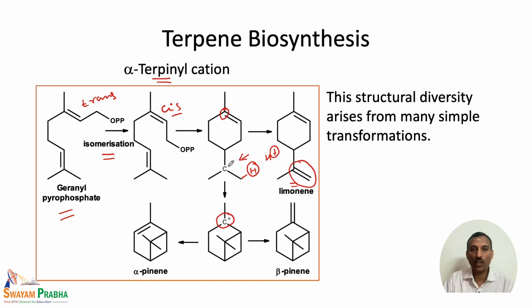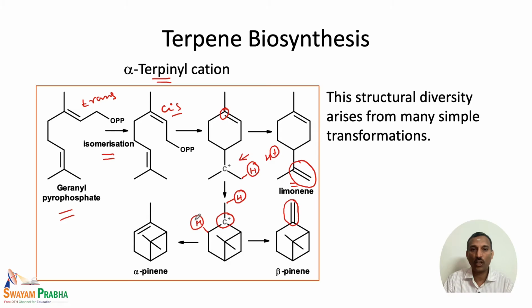So, once the carbocation attacks this double bond, we end up with the most stable carbocation. From this, the carbocation can lose a hydrogen atom from 2 different places. One, it can lose a hydrogen atom from the terminal carbon, so we end up with beta pinene. The double bond is formed in an exocyclic fashion, or there is also another hydrogen atom which can be lost here.